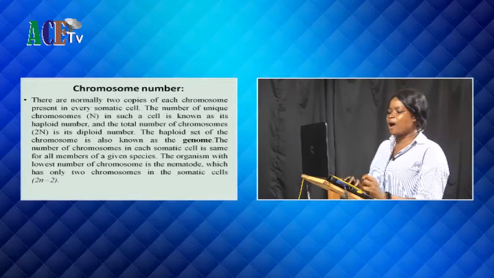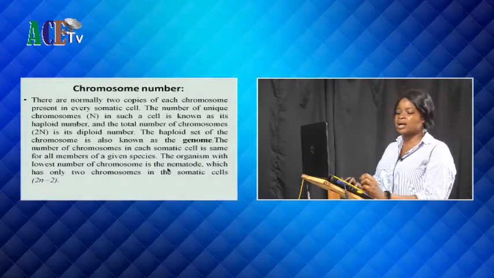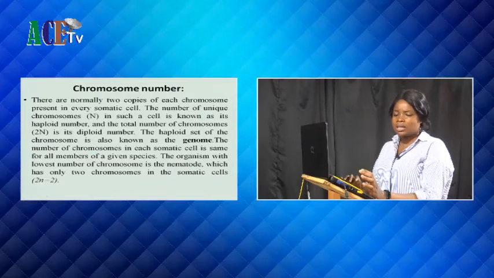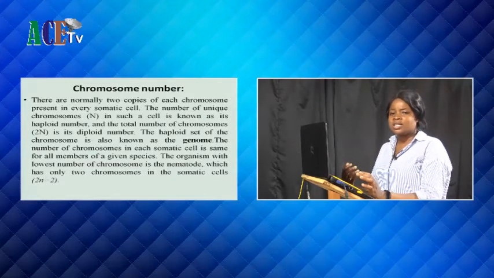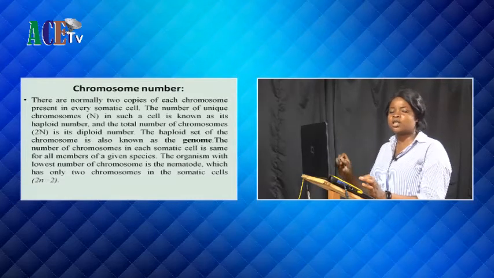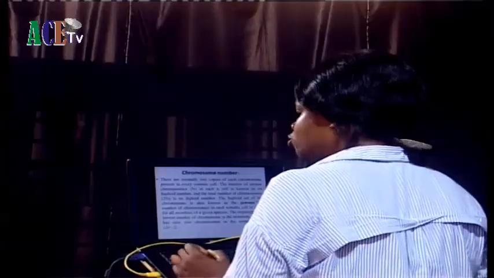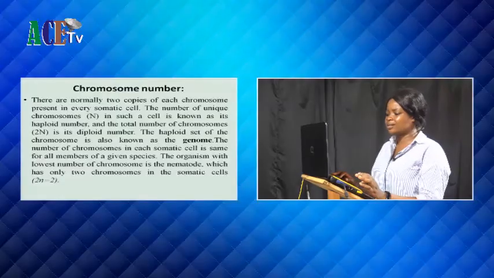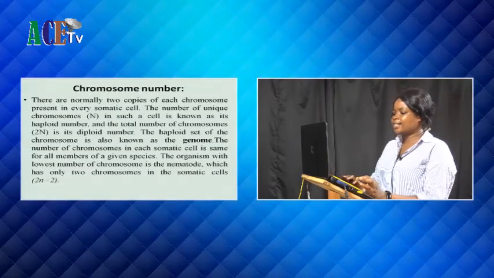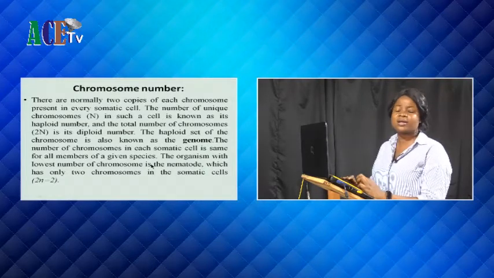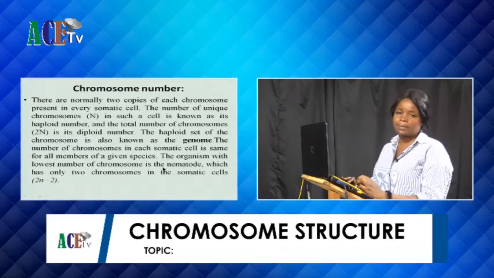So the number of chromosomes in each somatic cell is the same for all members of a species. Like in human beings, it is 46. It doesn't mean that it's going to change in maybe another person unless mutation occurs. So it is the same. Then the organism that has the lowest chromosome number is the nematode.